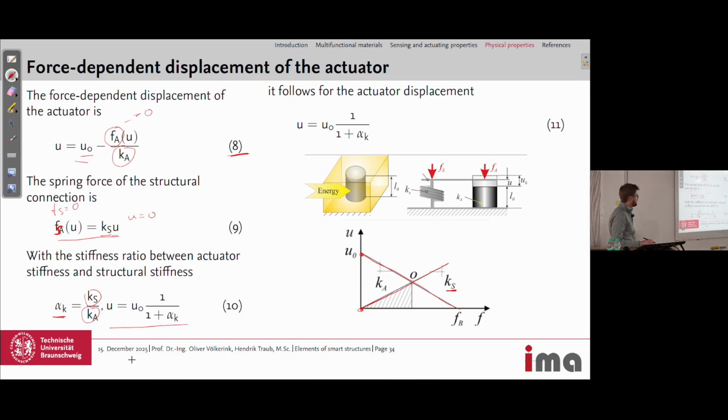So the overall displacement is the free displacement u0 times 1 divided by 1 plus alpha K. So this is then the actuator displacement in total. And with this stiffness ratio, we can see the influence of the stiffness of the structure compared to the stiffness of the actuating material.